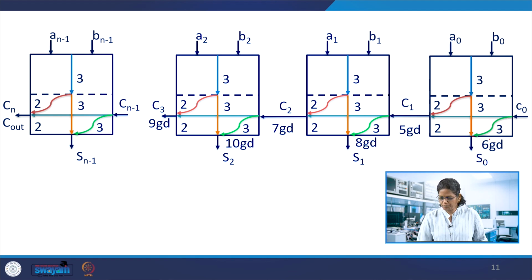So in this last stage, if you have C, it takes only 3 gate delays to get the sum, whereas in the first stage it would be 3, and to calculate the carry C1, it is 5 gate delays. So 3 plus 2, this takes 5 gate delays. If you look at the carry alone, it is 5, and once you have the 5, another 3 to get the sum, it is 7 here.